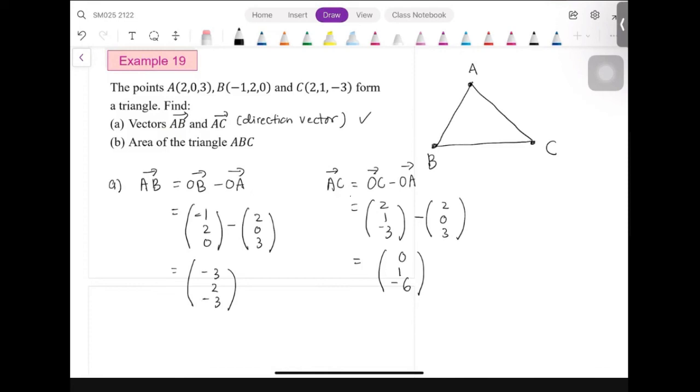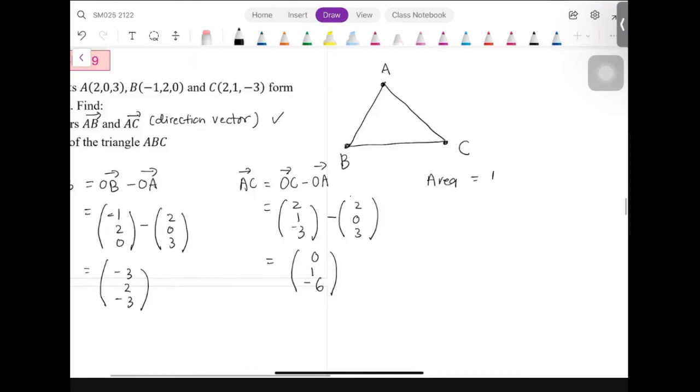In order to find the area, first perform the cross product between two sides. In this case, if we have a triangle with 3 points, you have 3 options. Either AB cross AC, or BA cross BC, or CA cross CB. I just write it here. To find the area, we have 3 options.